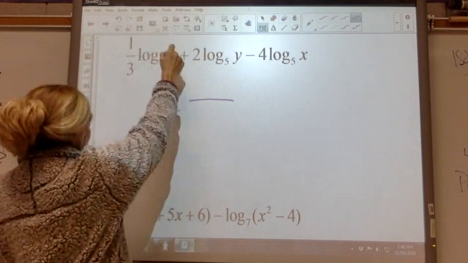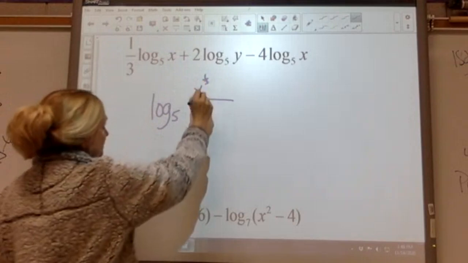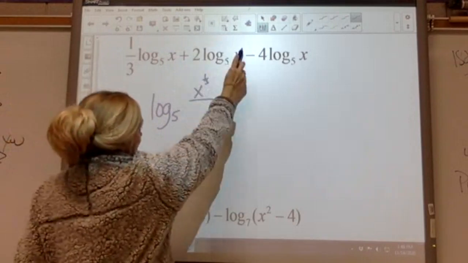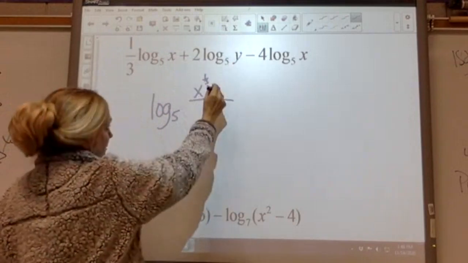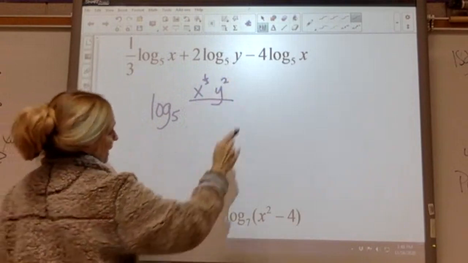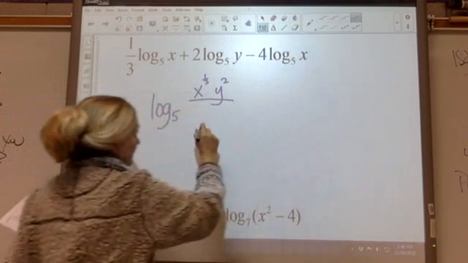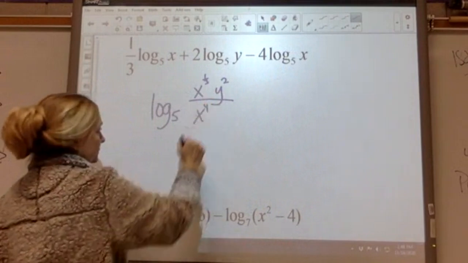So this 1/3 moves up here and becomes the exponent of the x. So it's x to the 1/3. This 2 is going to be the exponent of the y. It's the positive, so it goes on the top. Y squared. And now this is negative, so it's going into the denominator. The 4 becomes the exponent of the x, so this is x to the 4th.